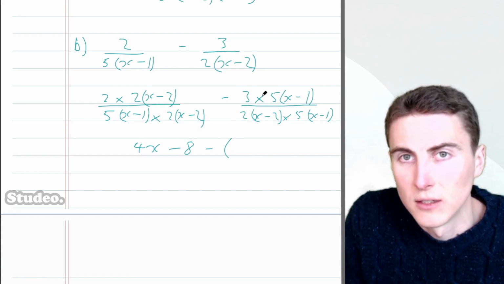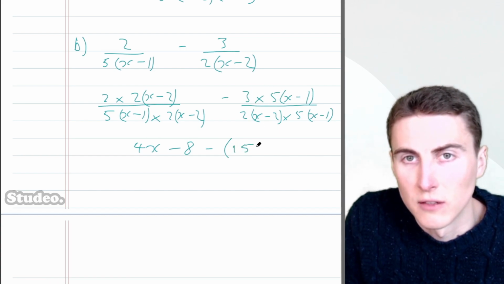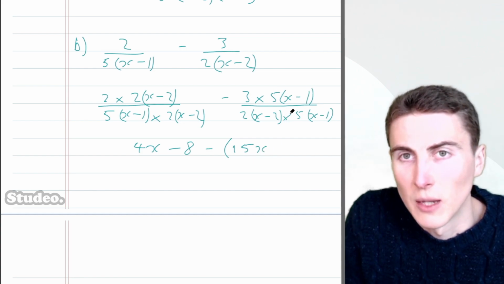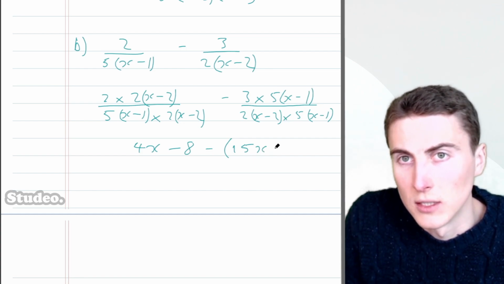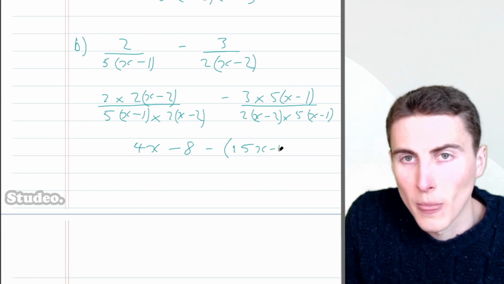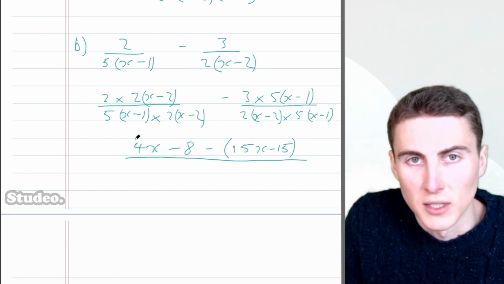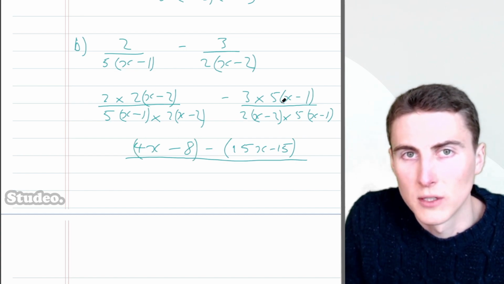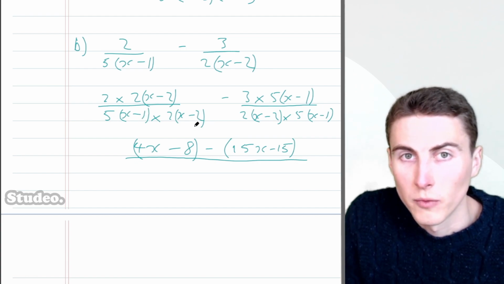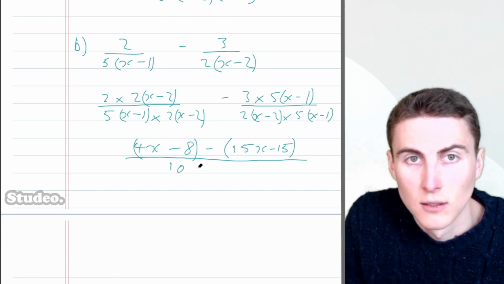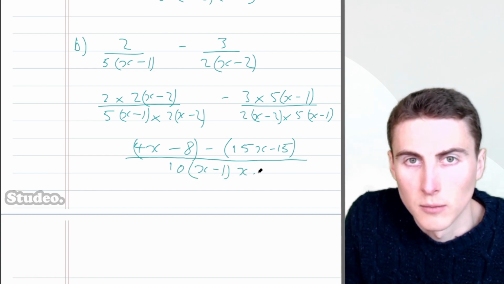So we've got 15 times the x is 15x, and 15 times minus 1 is minus 15. And on the bottom, we've got 10 sets of x minus 1, x minus 2.